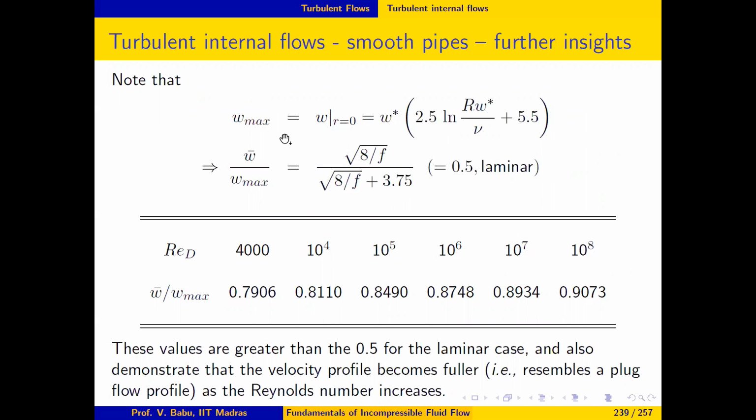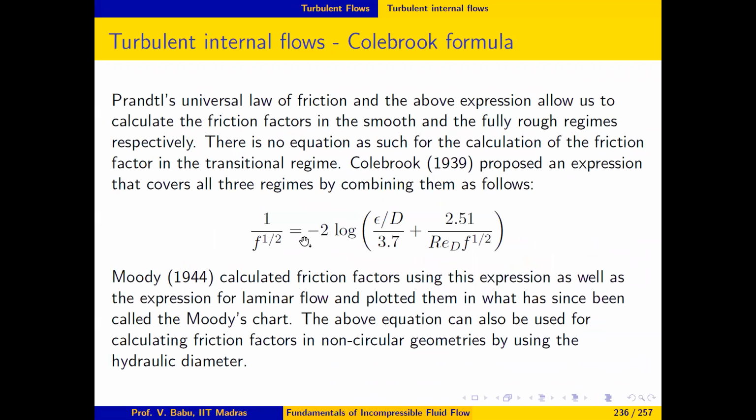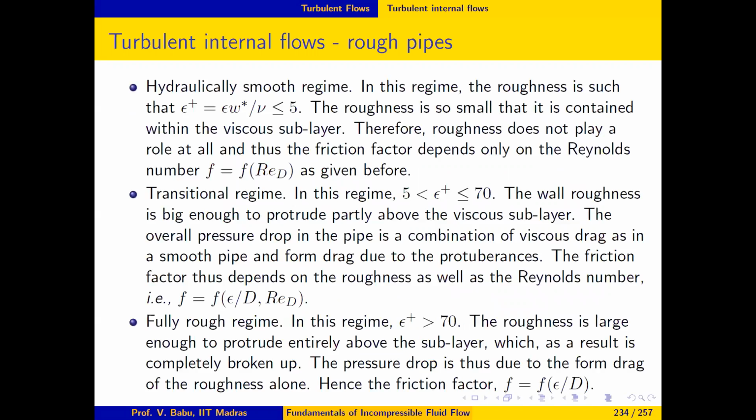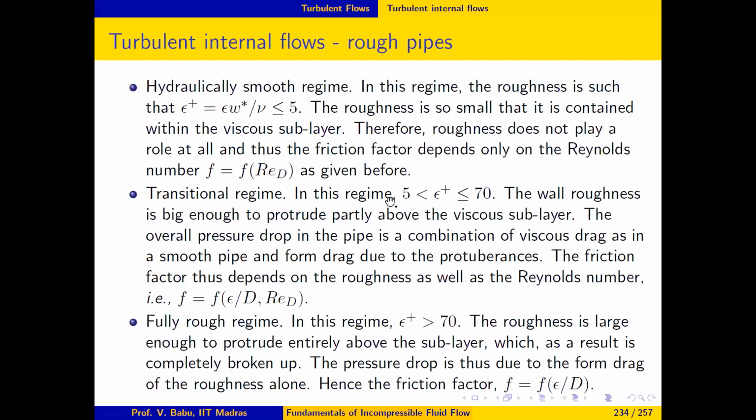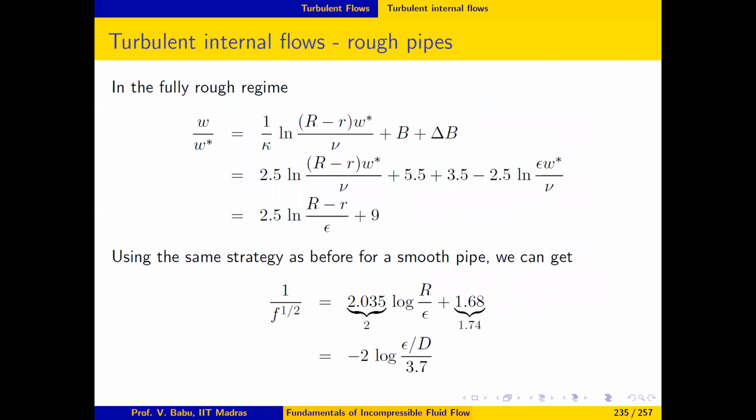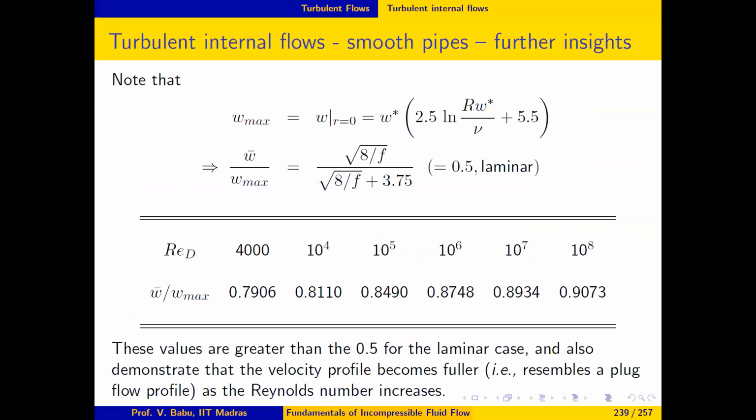We can then combine this expression for W max with the earlier expression for W bar, the average velocity that we derived earlier. So we can combine the two and then write the ratio as a function of Reynolds number or friction factor.